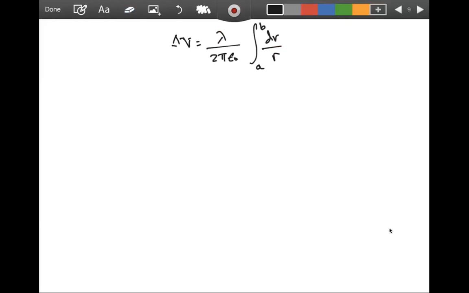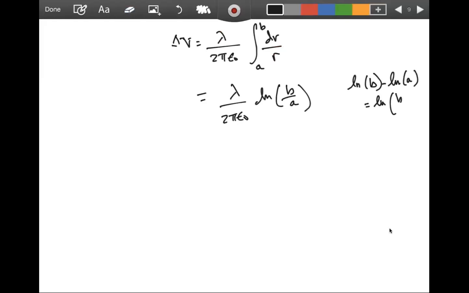Now, the integral of 1 over r dr, again our pirate speak, is natural log. So this becomes simply lambda over 2 pi epsilon naught times the natural log of b over a, because as we talked about in class, the natural log of b minus the natural log of a is simply equal to the natural log of b over a. So that's where this term is coming from.